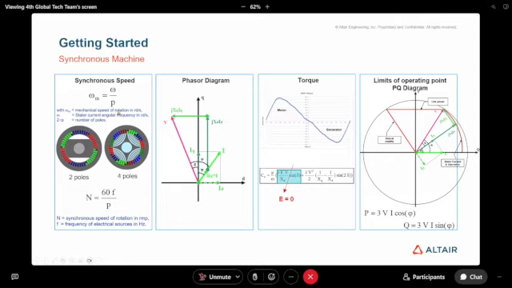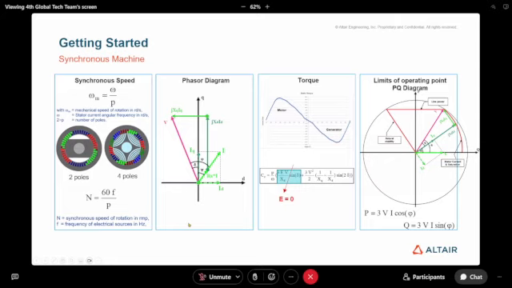This is the relation that links electrical quantities and mechanical quantities. So the mechanical speed is equal to the electrical speed divided by the number of pole pairs. Once again, the synchronous speed is 60 times f, where f is the frequency, divided by the number of pole pairs.